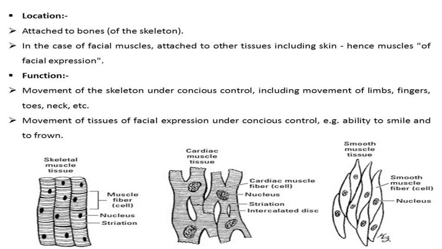The main function of skeletal muscles is movement of the skeleton under continuous control, including movements of the limbs, fingers, toes and neck. They collaborate with the various parts of the body to carry out various functions.